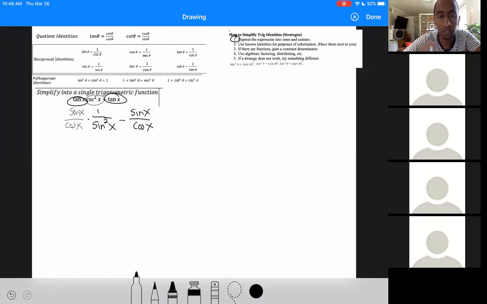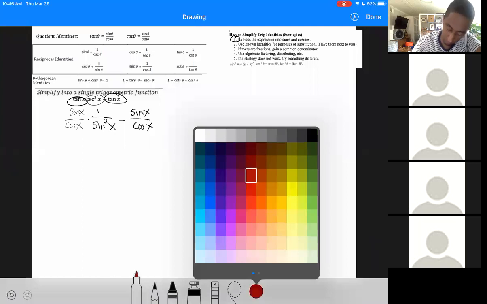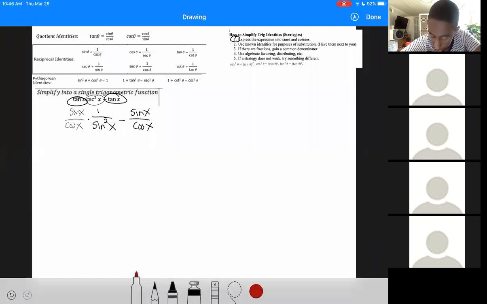Once we do that, we say, okay, can we simplify anything? So what do y'all see here that maybe we could do? Ideas on what we could do here to simplify this.